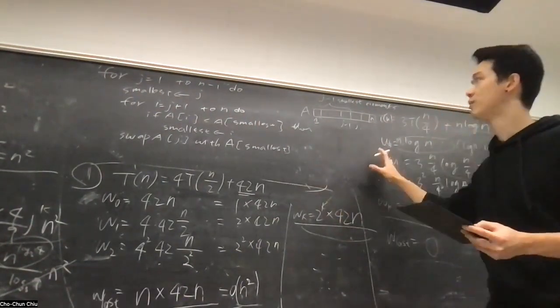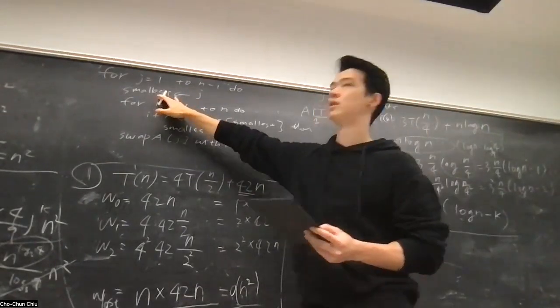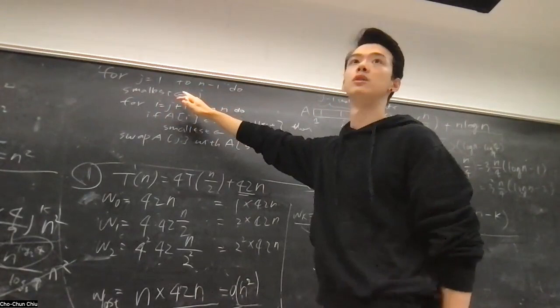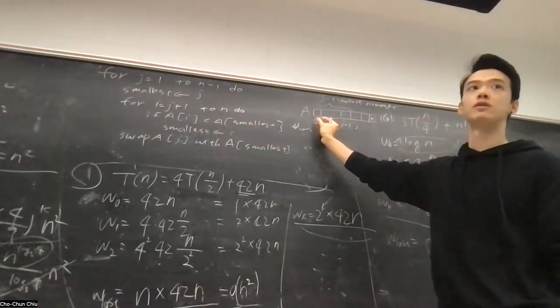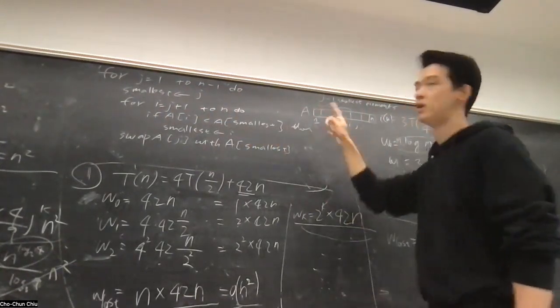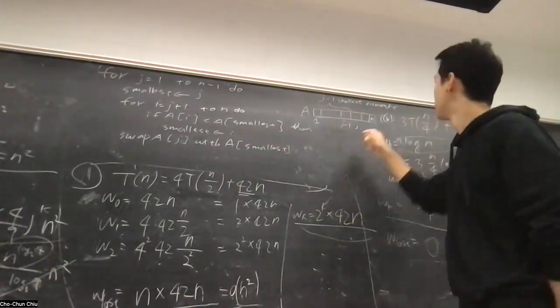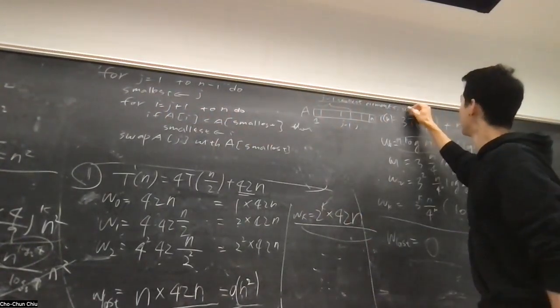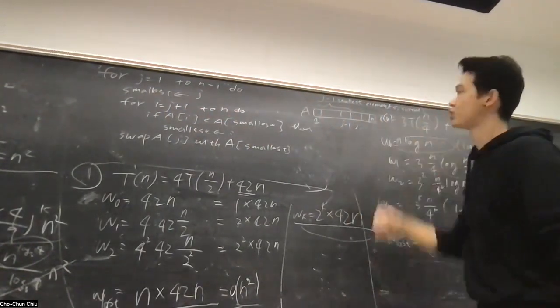So we assume when we start solving this, when j is equal to 2, the first one is smallest. When j is equal to 3, the first two are smallest, and they are also in sorted order. We assume that.